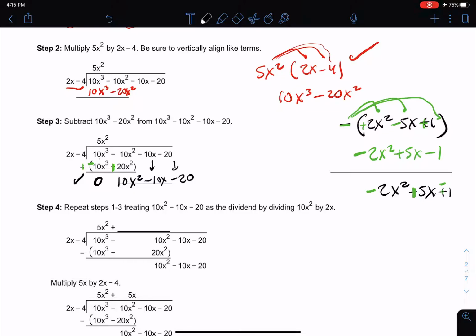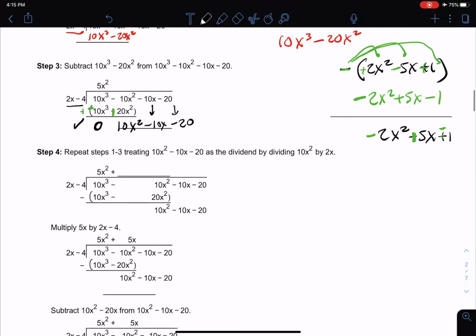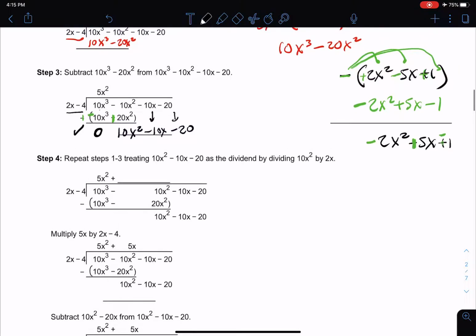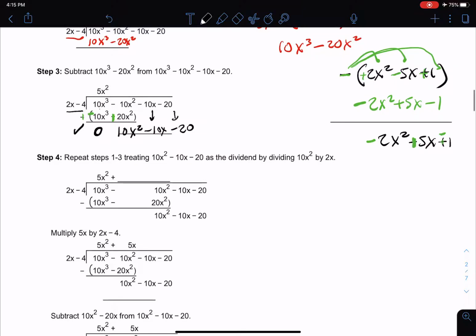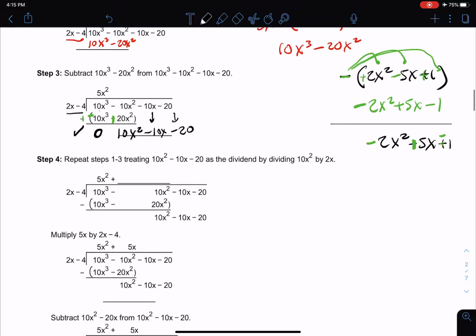We're just going to tackle 2 at a time because our divisor has a binomial. Okay, so our next step, and you can see they wrote down the results of this, I think. Oh yeah. Okay, so the results of this is just right here, right? So it's the same thing I wrote down up there.